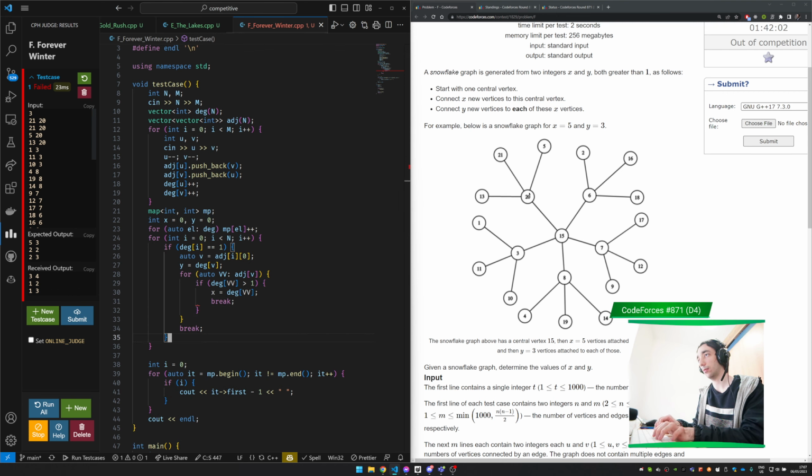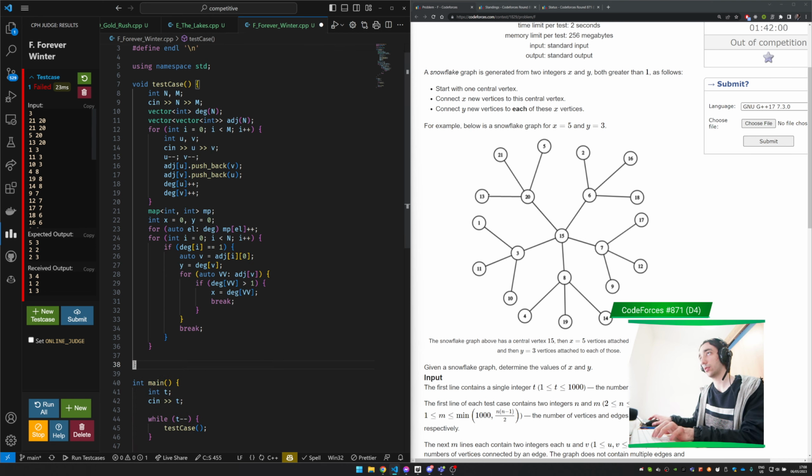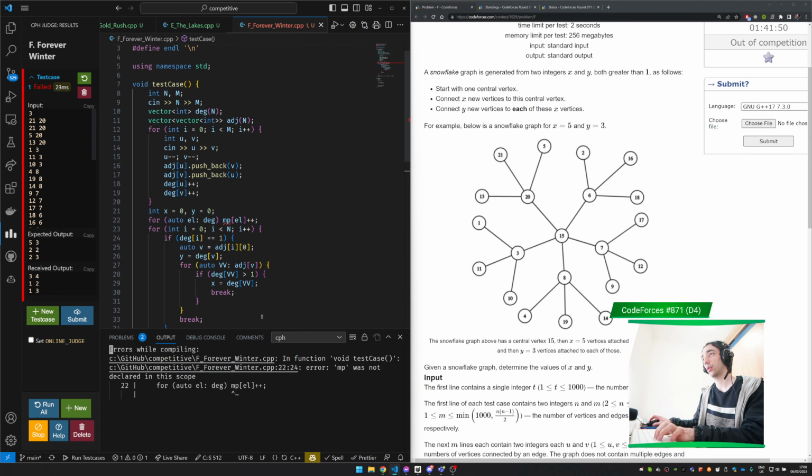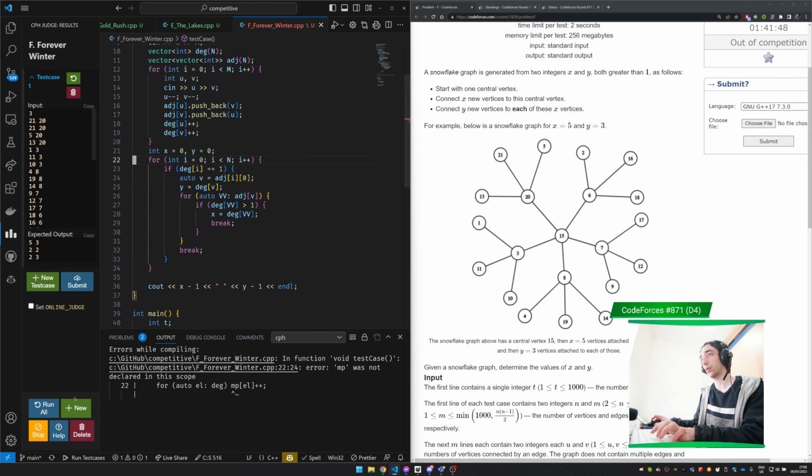Then break. So we don't even need a map, I'll just do X minus 1, Y minus 1, if I understood the problem correctly.